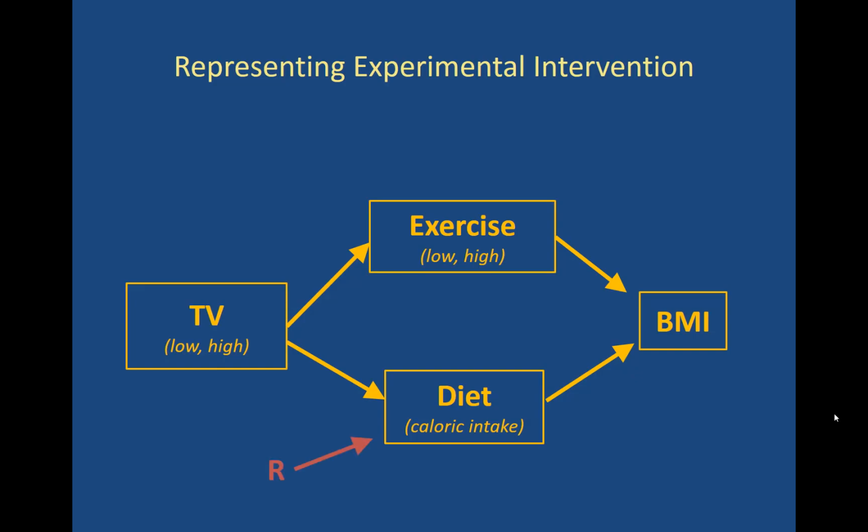In one condition, they would be given a diet that was 1,500 calories a day, for example, and in a different condition, they might be given a diet that had 2,500 calories a day. Now, because they've agreed to participate in this experiment and let us control their diet, whatever TV they were watching, and whatever influence that was having on their diet previous to the experiment, is surgically removed, and now the randomizer is the only thing controlling diet.